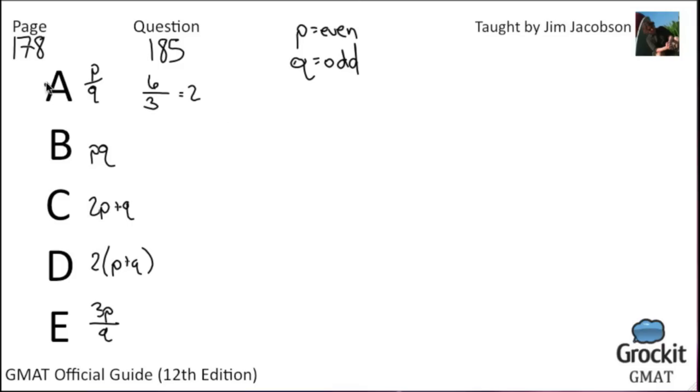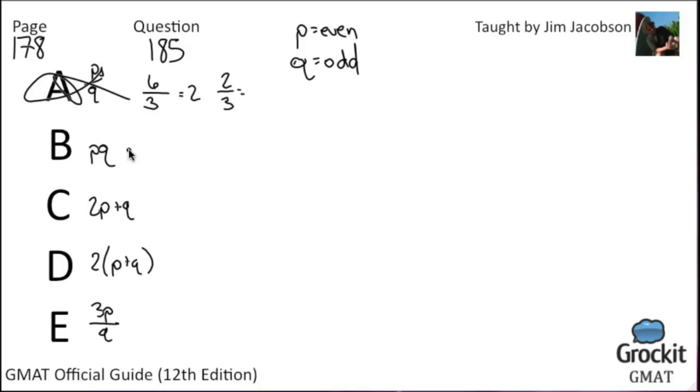Which rules out answer choice A. We're looking for the one that must be odd. On top of that, what if P is 2 and Q is 3? That doesn't even equal an integer. So answer choice A, you have let us down.